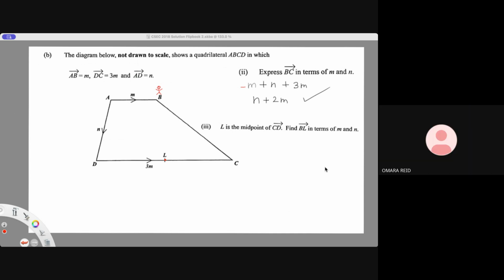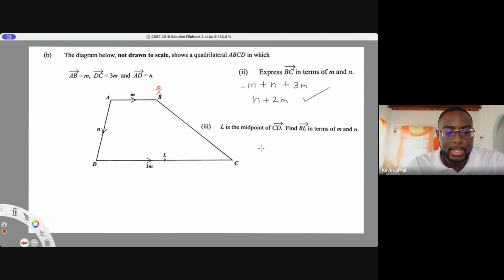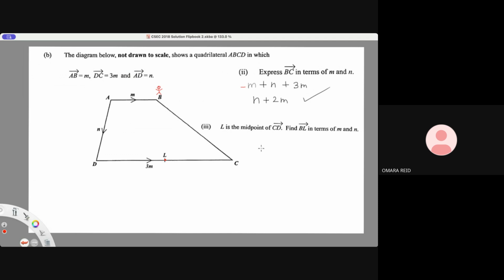Sir, I kind of forget, but I know you gotta use over the formula we find for BC, which is n plus 2n. You could use that, which is what I have in my notes here. Right, and then the distance from C to L.